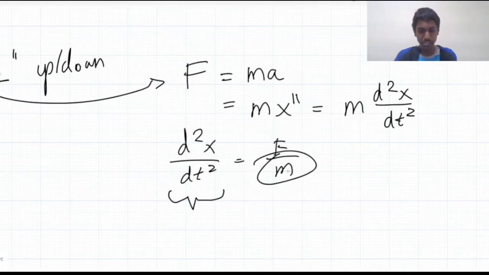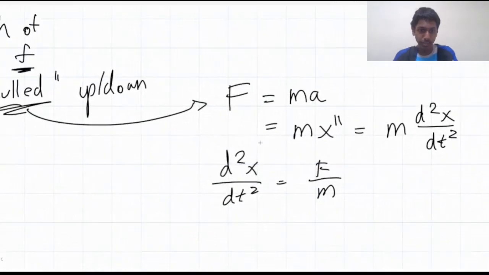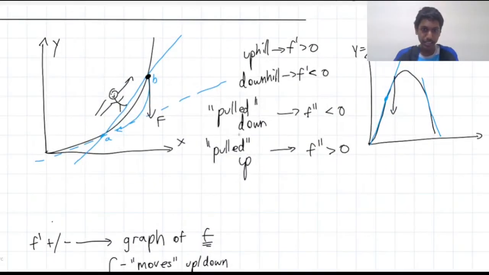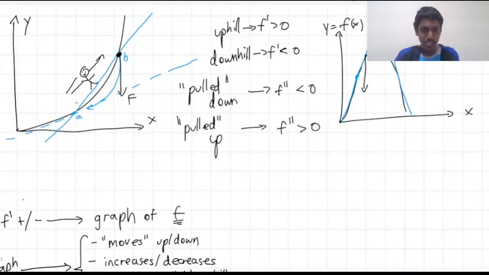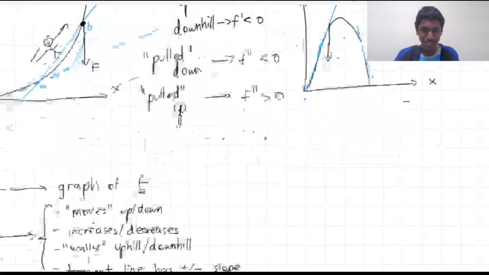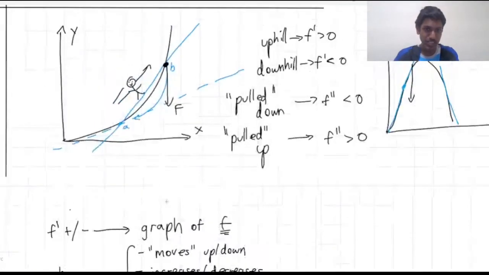I mean, without this m, it's just a scalar in the way. But what Newton's law tells you is that you can conceptualize the second derivative as a force. And so this force is not some wishy-washy thing that I'm saying to make it all make sense. It also reflects what's going on physically.